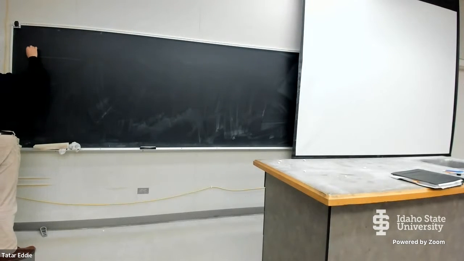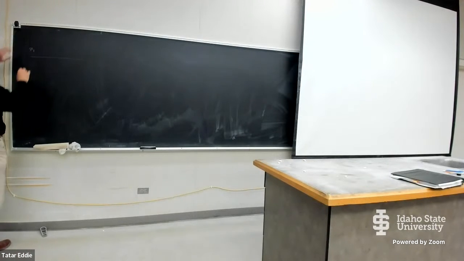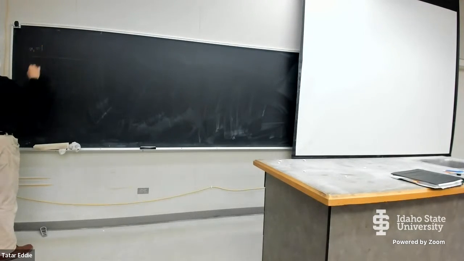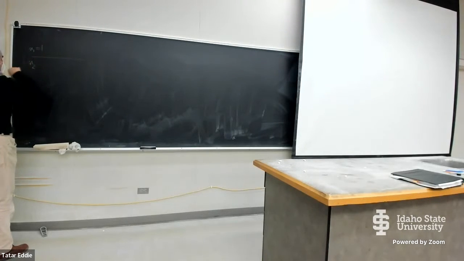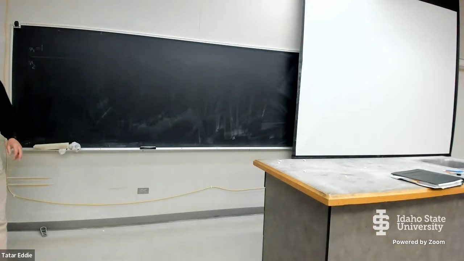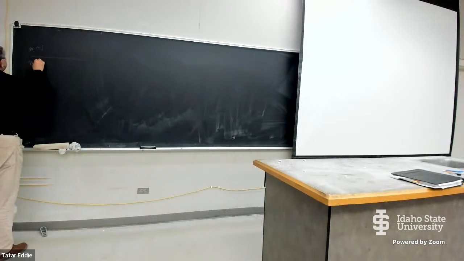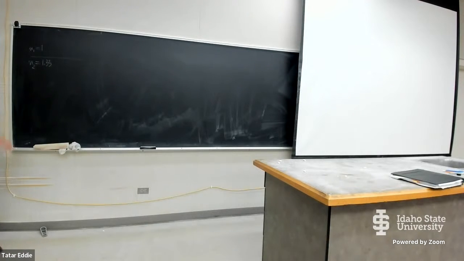In other words, on this side, you have air with index of refraction n1 equal to 1. And on this side, you have some transparent material. Could be water, could be some other material with index of refraction, let's say 1.33. What matters is that the second material has higher index of refraction.